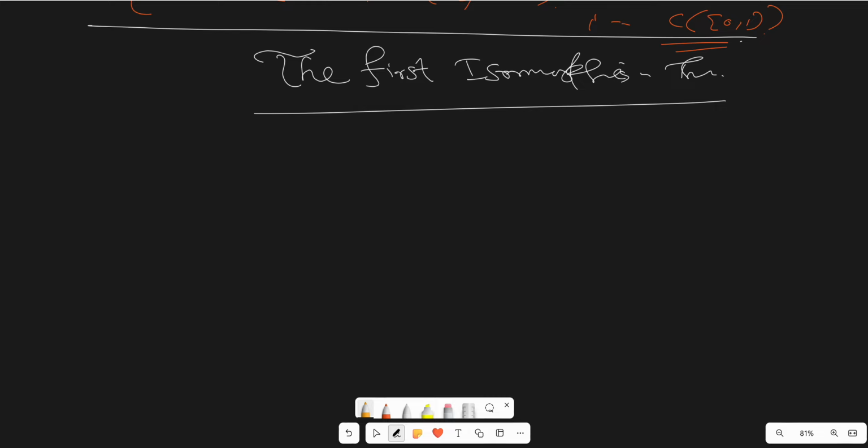Okay, so suppose phi from R to S, I'm not going to write properly, but you have to assume that R is a ring, S is also a ring, and there is a map from R to S. Let it be a ring homomorphism.